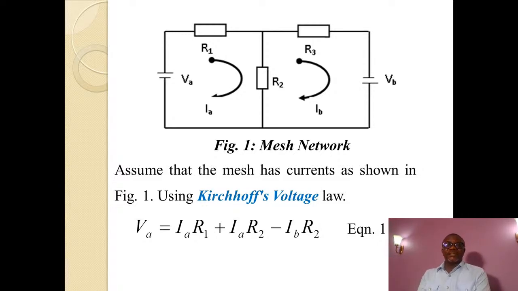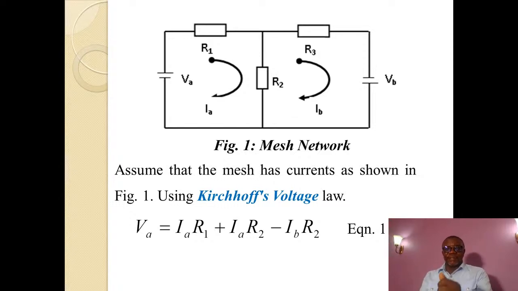So you see that while VA is supplying current IA coming from top to down, VB is having current IB, which is going from down to up.